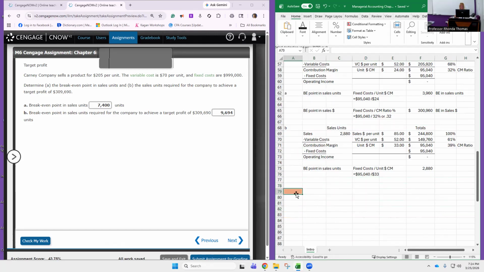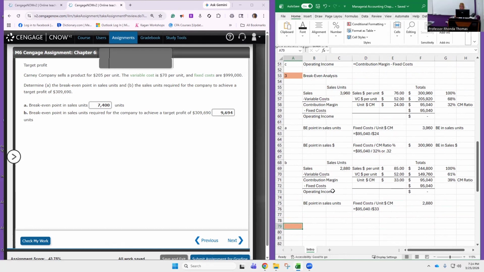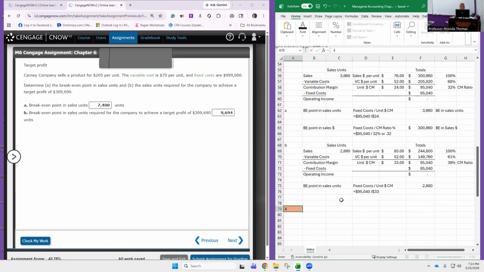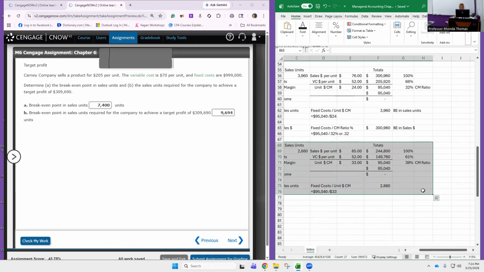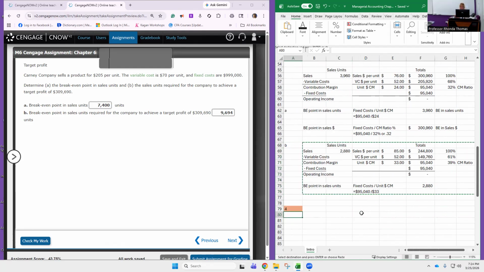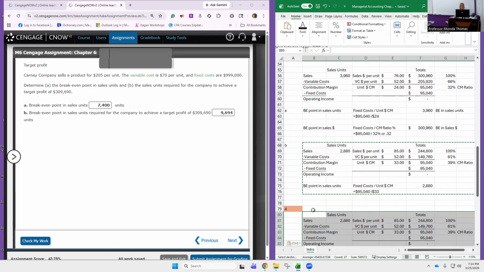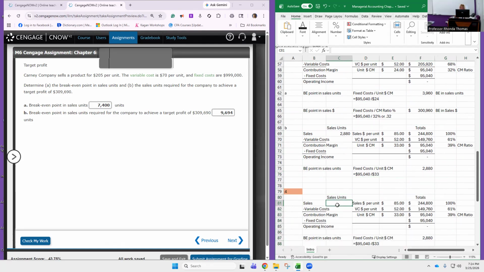Okay, so this is number 4. Once again, I'm going to grab all of this and try to change what I need to. Okay, this one says sells a product. So I'm going to take out sales units.